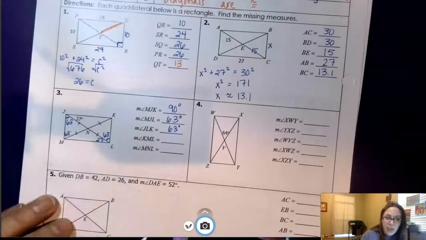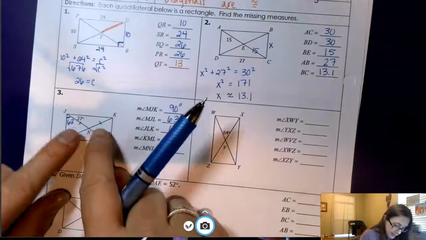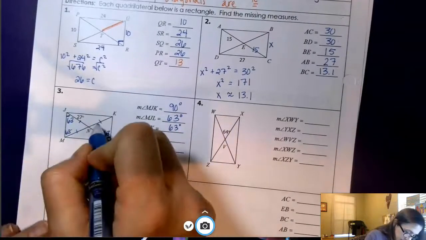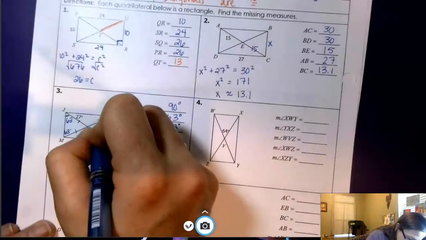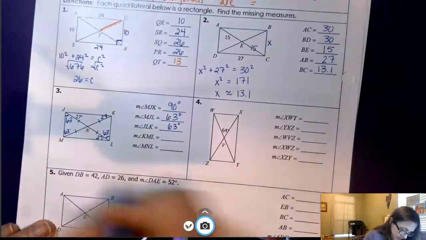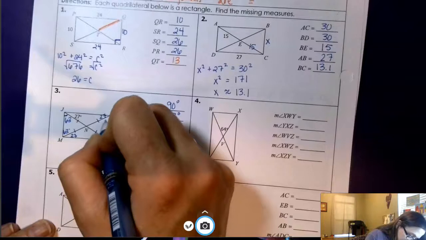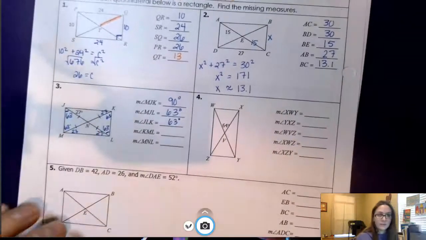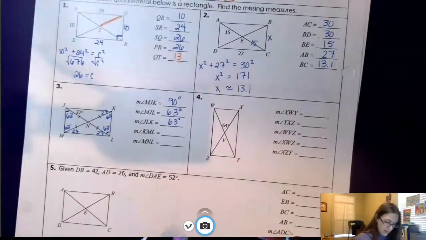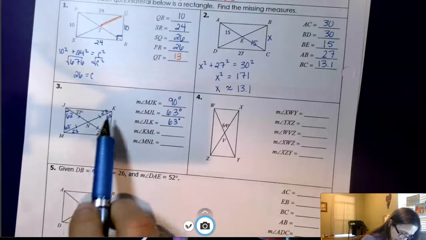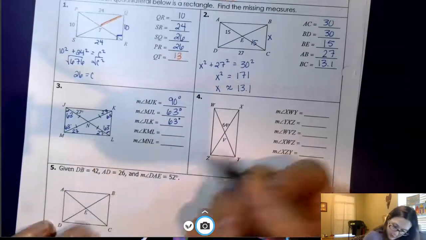The opposite angles have to be congruent because they're isosceles triangles. Here I have isosceles triangles, so if this is 27, this has to be 27. Those two have to be 27, these two have to be 63. So I know all of those. And I was looking for KML, that would be 27.